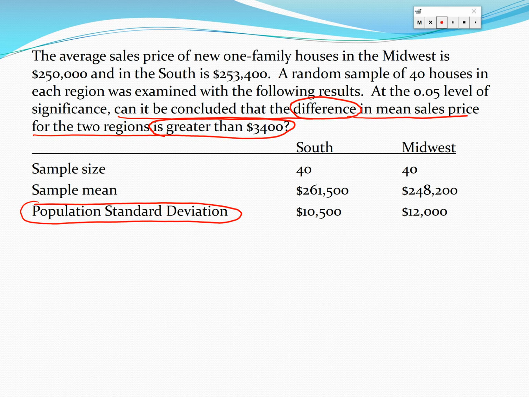So we have, first of all, to designate mu sub 1 and mu sub 2. Now for this one, we're looking for the mean sales price to be greater than $3,400. So what I want to do, I'm looking at what they are projected to be from a different study. And I'm going to put the one that is larger, since we're looking for a difference greater than 3,400, as my mu sub 1.